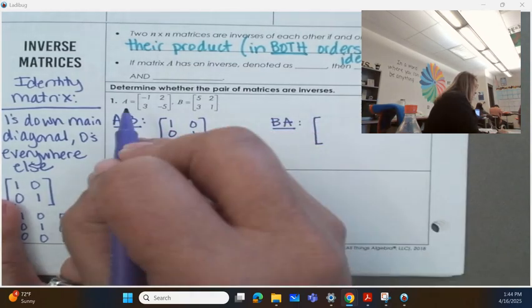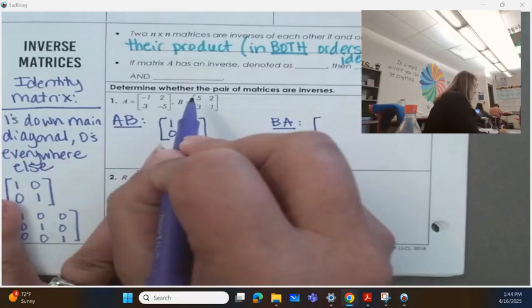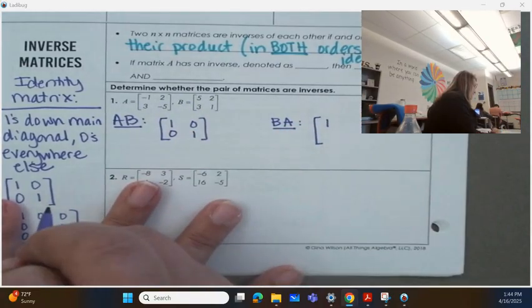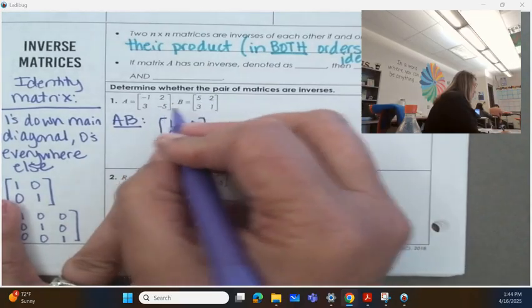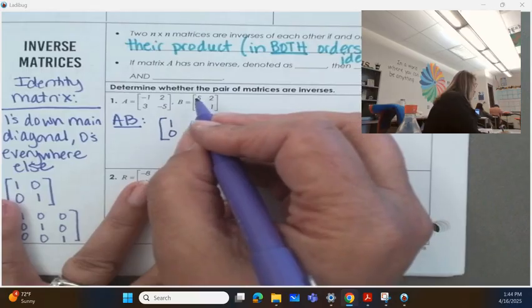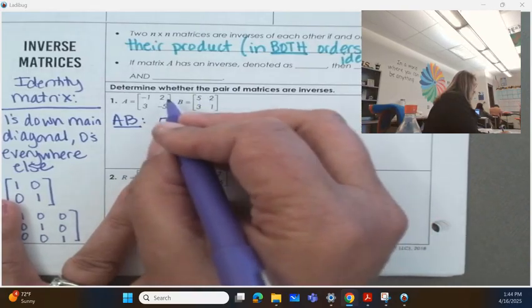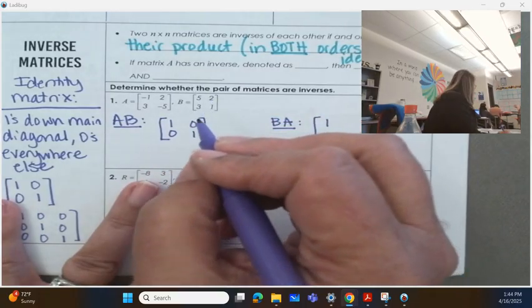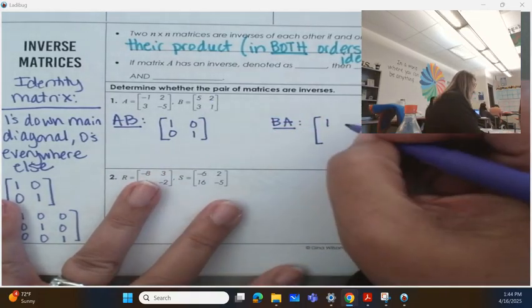So row 1, column 1. So negative 5 plus 6, that's 1. Row 1, column 2 is, let's see, row 1, column 2. We've got 10 minus 10, yep, that's 0.